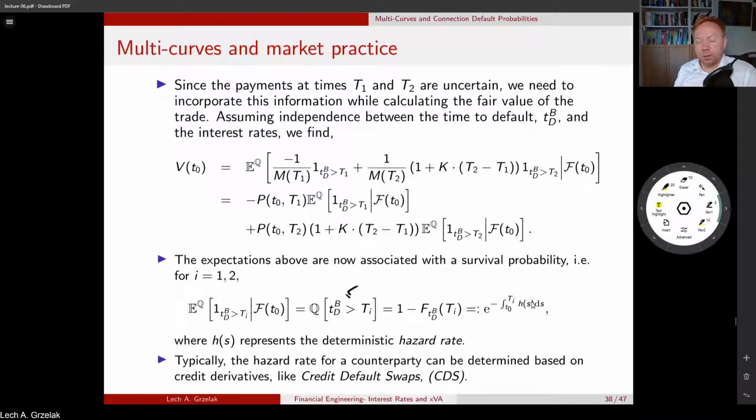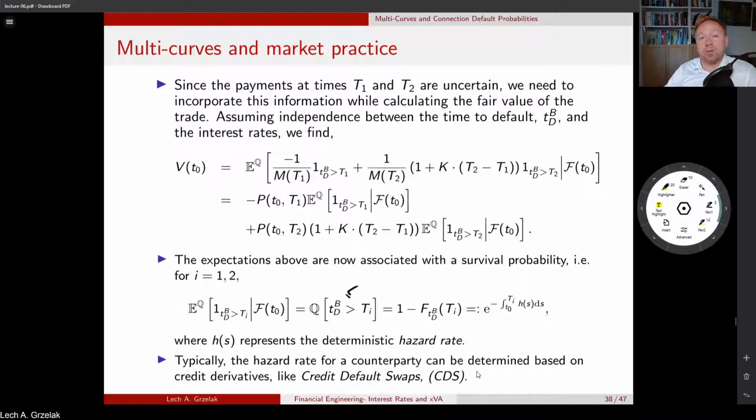This hazard rate can be estimated using credit default swaps, so-called CDXs, which are credit derivatives, essentially contracts where one counterparty pays some amount, and from the other party it only gets a payment if a default of a counterparty takes place. From those kinds of contracts, you can imply the probability of default.